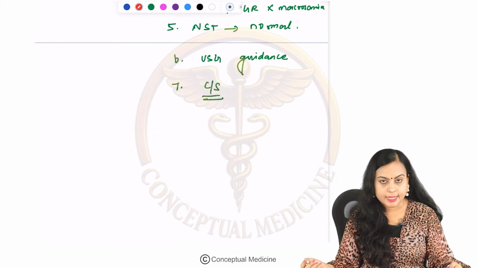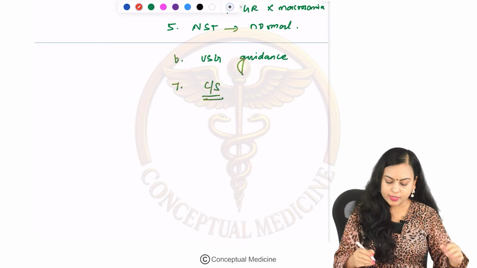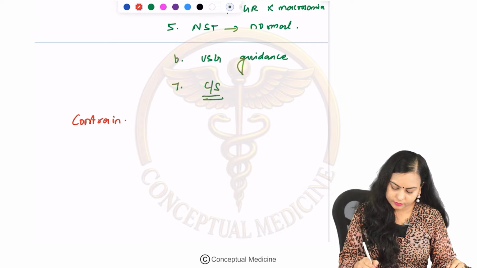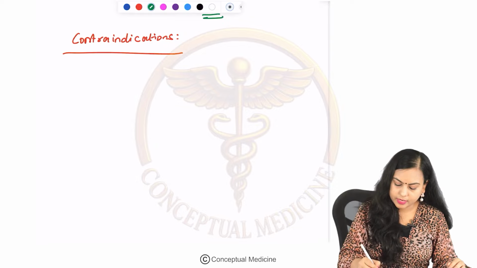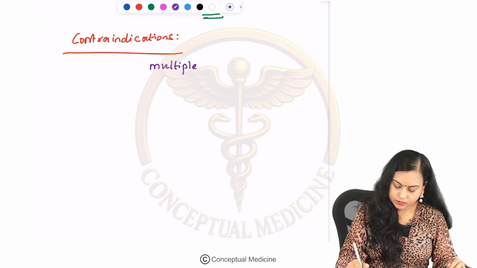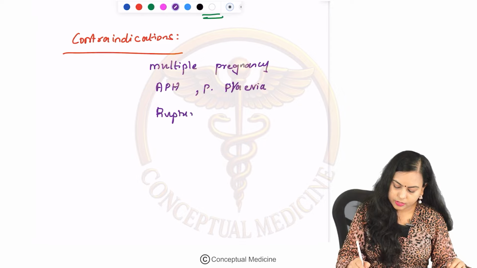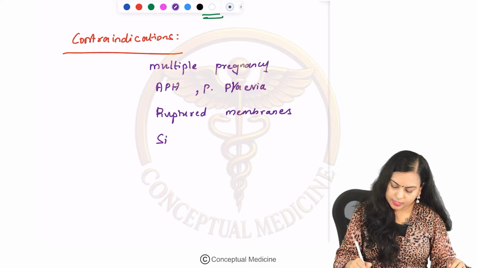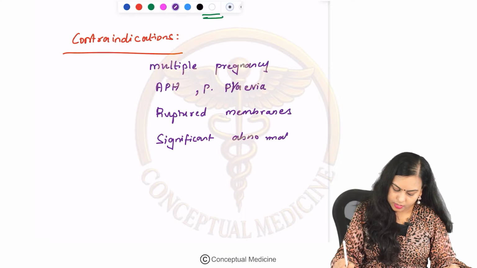And what are the contraindications of external cephalic version, when you shouldn't attempt it at all? When you have multiple pregnancy, you shouldn't try, or there is antepartum hemorrhage or placenta previa, already ruptured membranes, that is also another problem, or when the fetus has significant abnormalities, we are not going to attempt it.